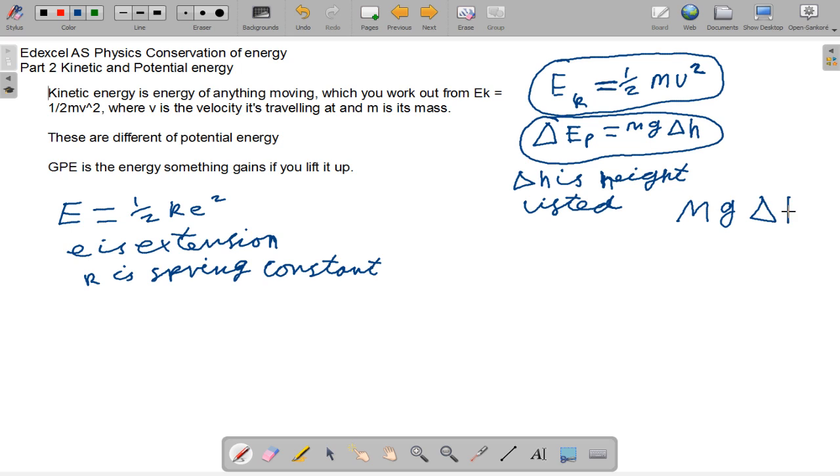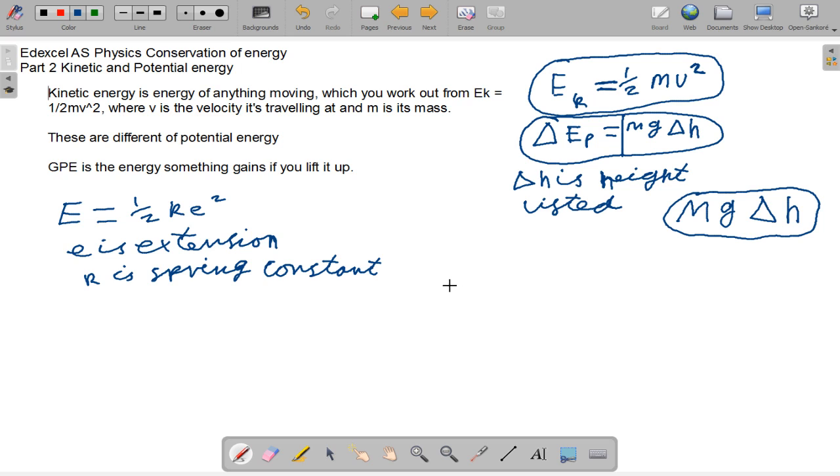It's usually just expressed as mg delta h, but the change in potential energy is the missing part of our equation, and if you can remember that particular part, it will make the sums a lot easier. Rather than just being a mathematical expression, we can turn it into an equation when it's applied to conservation of energy.